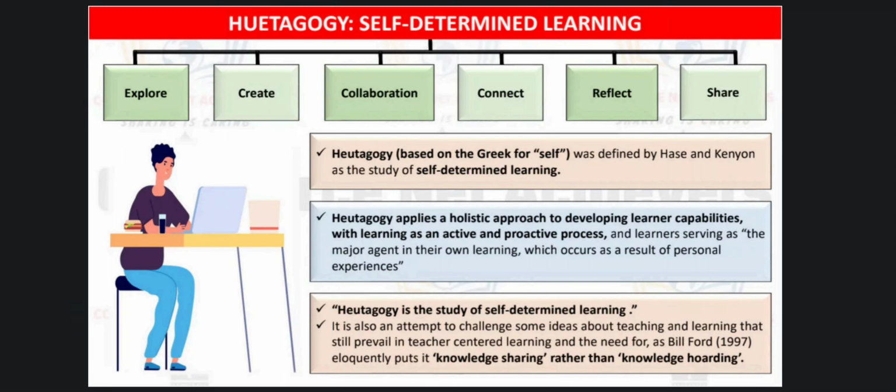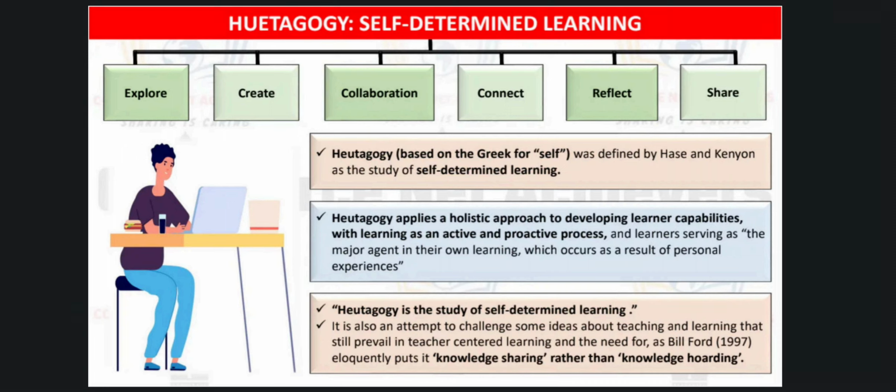Heutagogy applies a holistic approach to developing learner capabilities, with learning as an active and proactive process and learners serving as the major agent in their own learning, which occurs as a result of personal experiences.